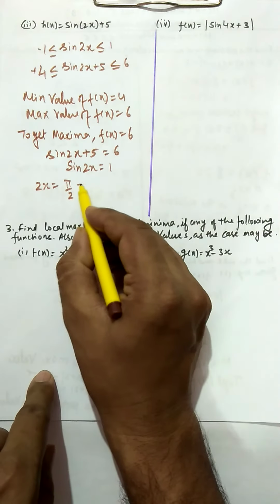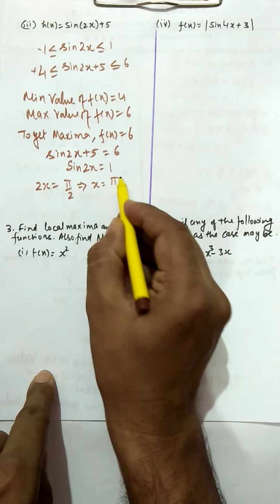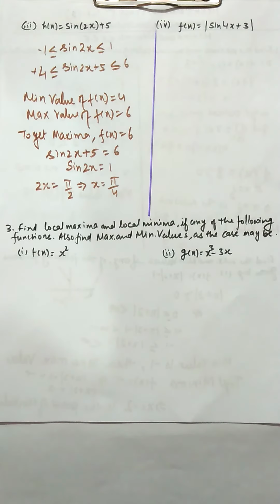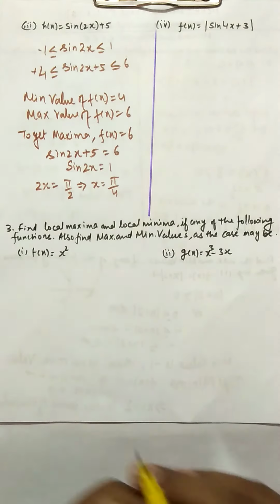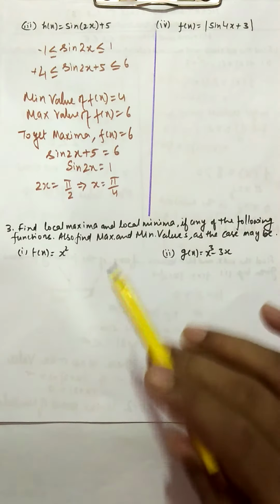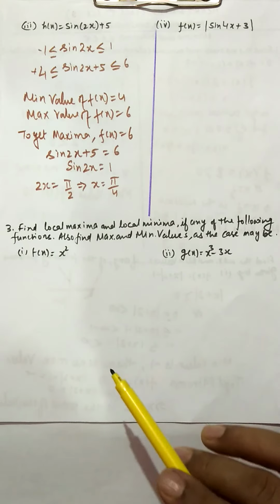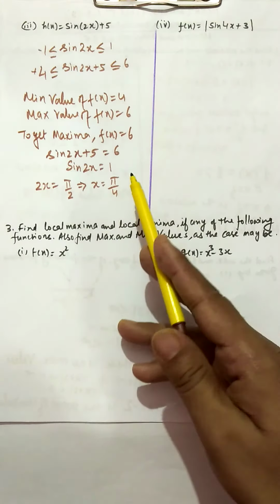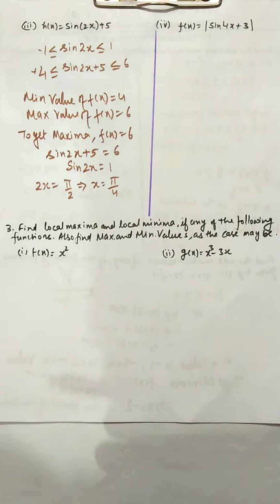So this is the first value that I am finding, x = pi/4, but there can be infinite values. Through the general solution you can find infinite points where you will get the maximum value. Similarly you can go for the minimum value also. So this way you have to find the point of minimum value and maximum value. If they ask clearly what are the points of maximum values, then you have to use the general solution to find the value of x.